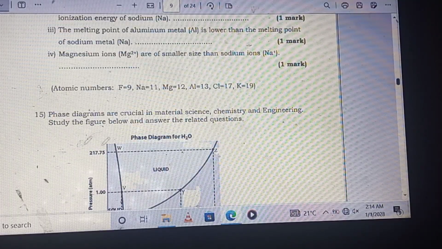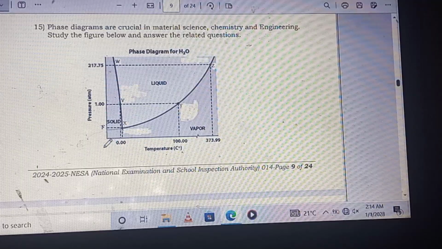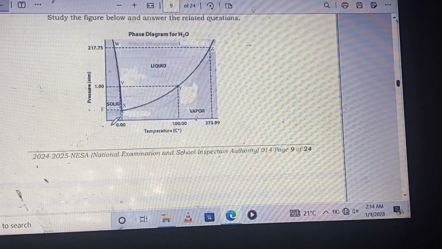Question 15. Phase diagrams are crucial in material science, chemistry, and engineering. Study the figure below and answer the related questions. You see we have pressure and temperature. Phase diagram for water. We have vapor, liquid, and solid.